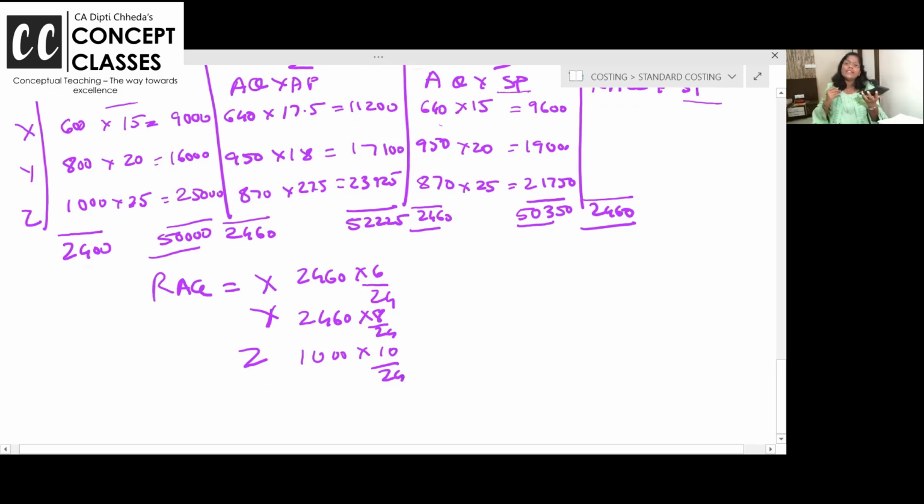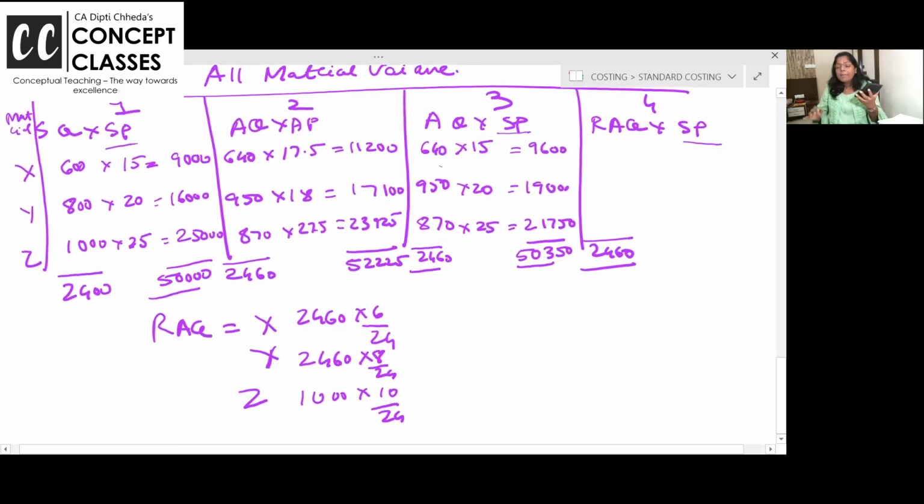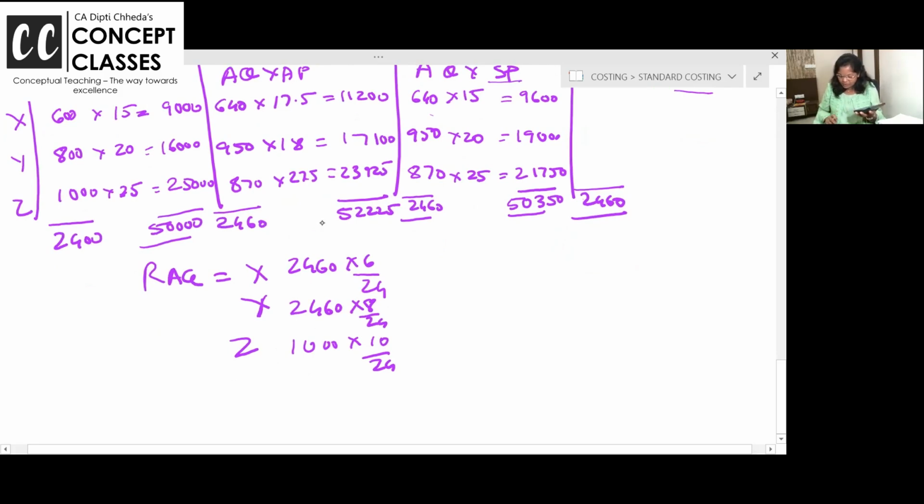See, you are saying actual material is being used more, no problem. But for revised actual quantity, can you use the actual quantity at least in the standard mix? The mix that you have, can you use that? All of you are with me? Is the calculation understood? 2460 into 6 by 24, 615.